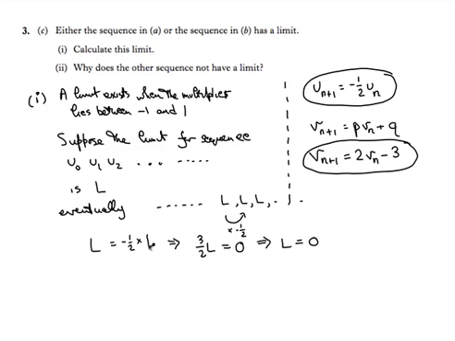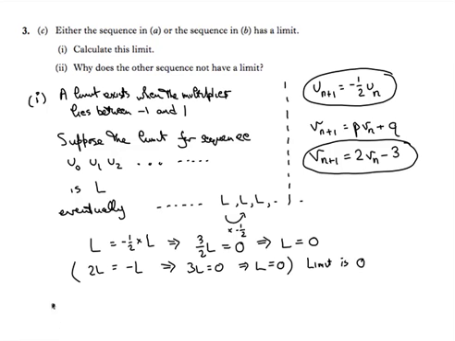If you're confused about what I did there, why not multiply both sides by 2? Let me try that, and it'll be a bit clearer. When you multiply -1/2 L by 2, you get -1, and -1 times L just gives you -L. So maybe that's a bit easier without the fractions. We add L to both sides and get 3L equals 0, in which case L equals 0. So either way, the limit is 0.